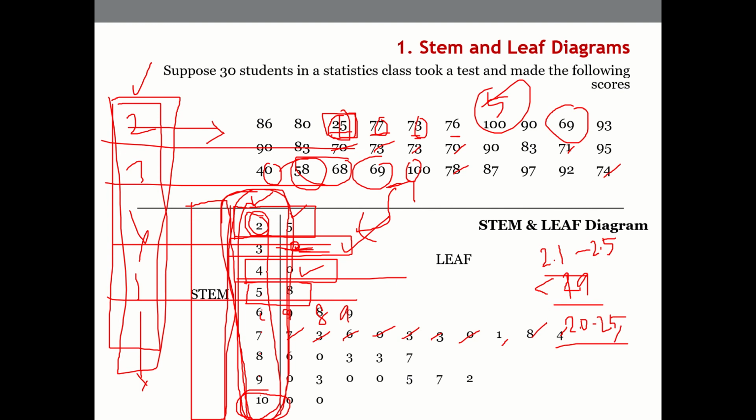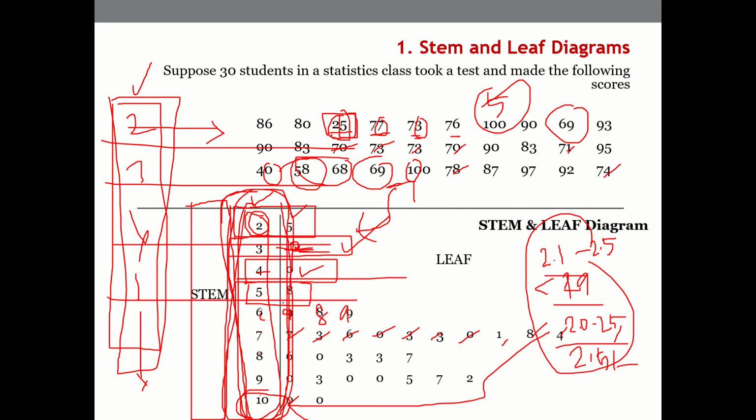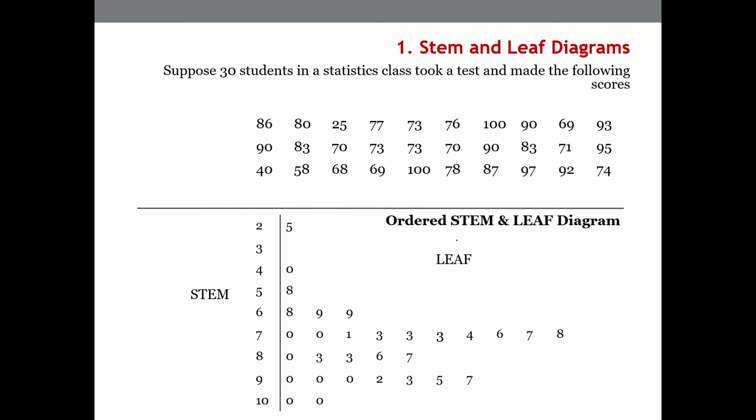A third listing can be 2.5 to 5.0, let's say 5.1 to x. So it's the researcher's decision to come up with these numbers and then accordingly put this into a stem and leaf diagram.